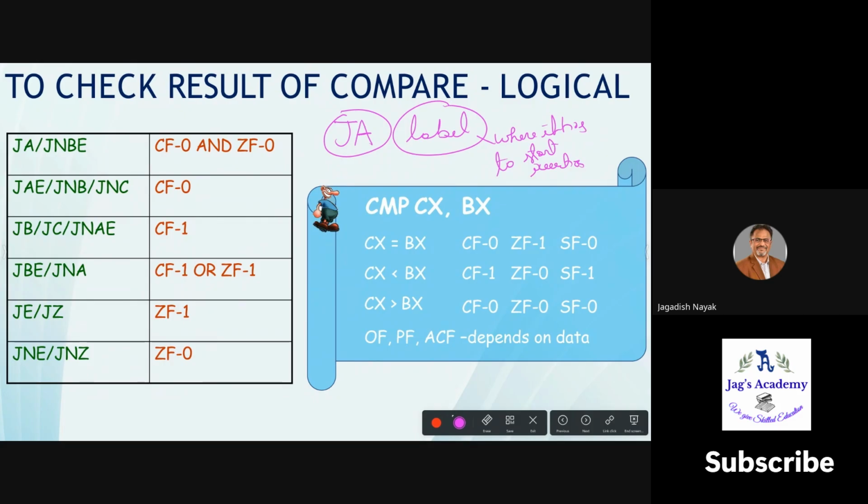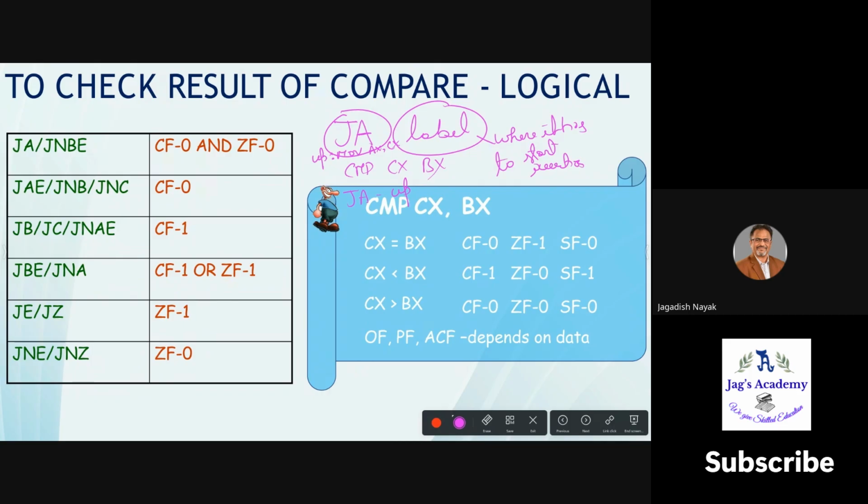Suppose you use compare CX and BX, a simple example, and then I put jump on above up. Here up is a label I'm assigning somewhere, say a move instruction, move AX, comma, CX. Don't worry about it.